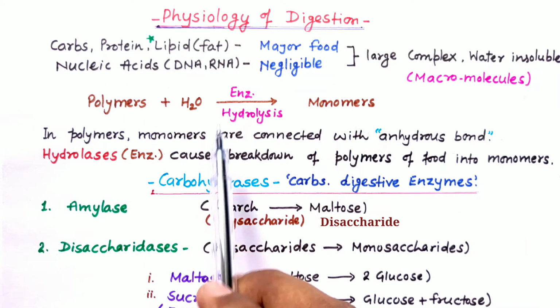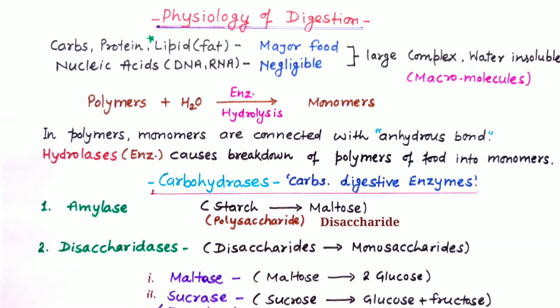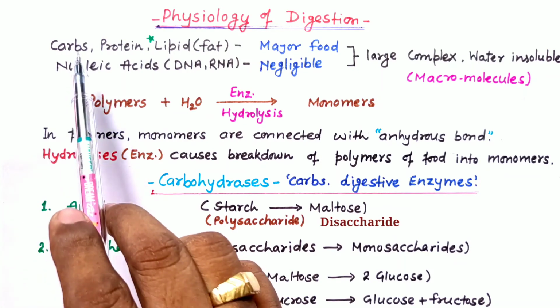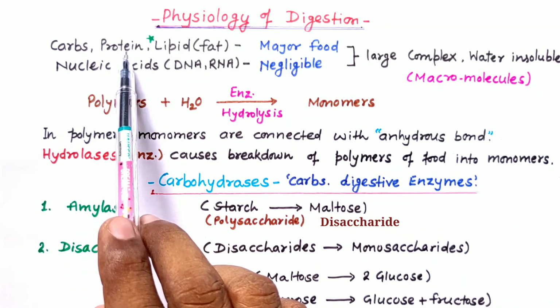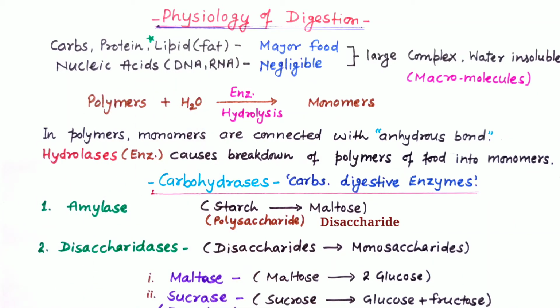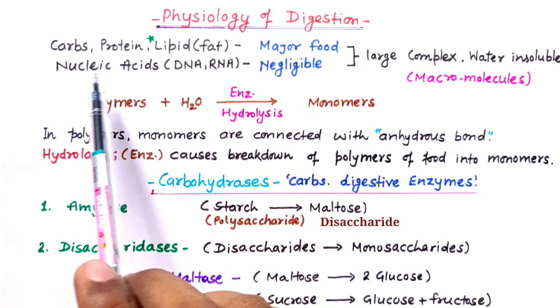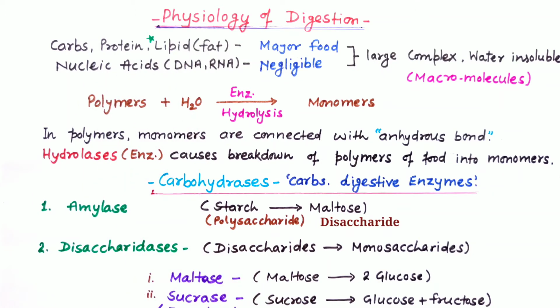So when water addition occurs, there will be breakdown into the respective monomers. These hydrolases are further categorized mainly into 4: carbohydrases for carbohydrate digestion, proteinases for protein digestion, lipases for lipid or fat digestion, and nucleases for nucleic acid digestion.